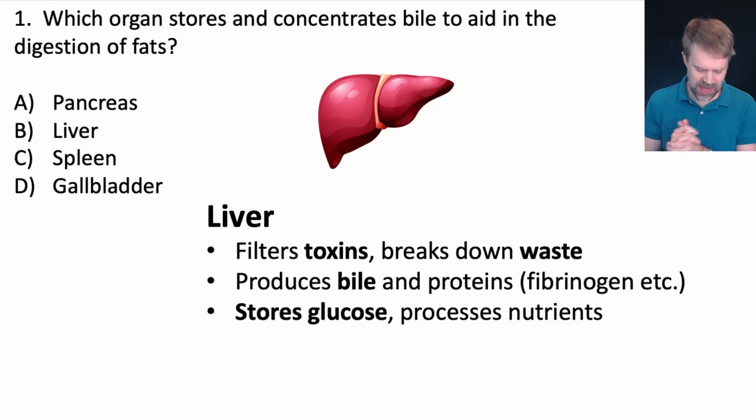Next, liver. The liver has so many jobs, but the main ones are these. It filters toxins and breaks down waste. It produces bile and various blood proteins, like albumin and fibrinogen, proteins that are floating around in the blood.